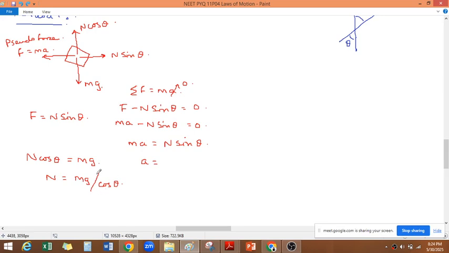In place of n I can put mg by cos theta, times sin theta, then divide by mass. So mass cancels, and I'll be getting g tan theta. But in this problem they didn't ask you to find a, so you don't have to worry about this. But in some problems they'll ask you what is the acceleration so that the block does not fall down.